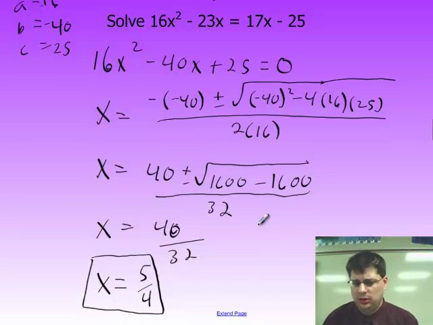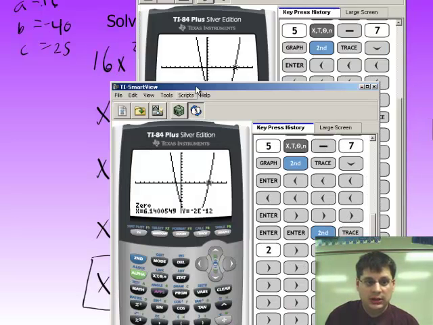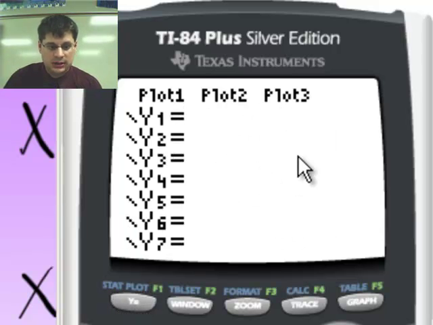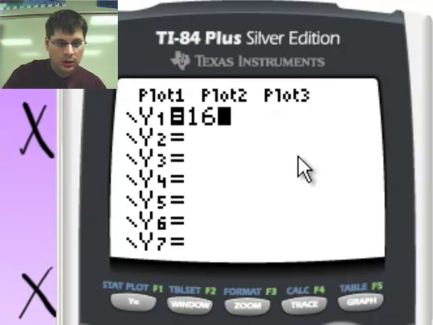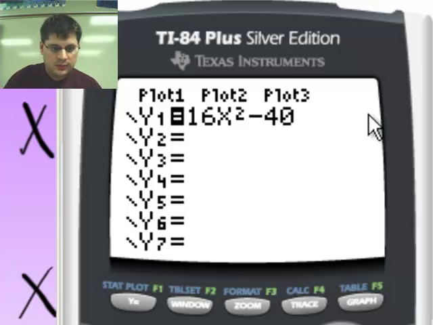So what would that look like graphically? Let's put this into our graphing calculator and see what we get. So we have 16x squared minus 40x plus 25.